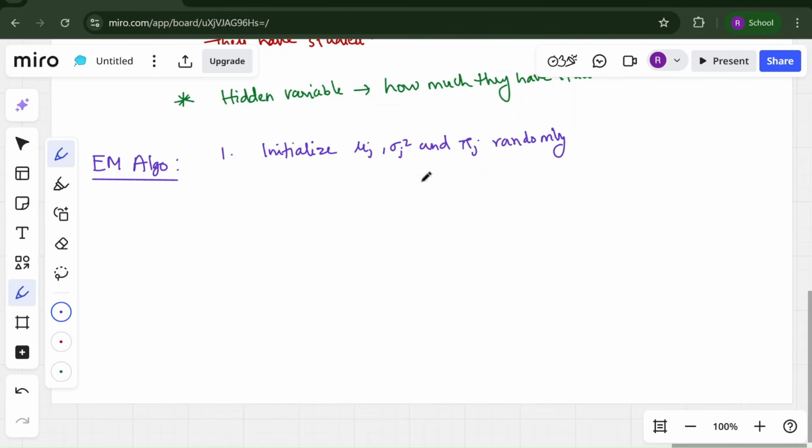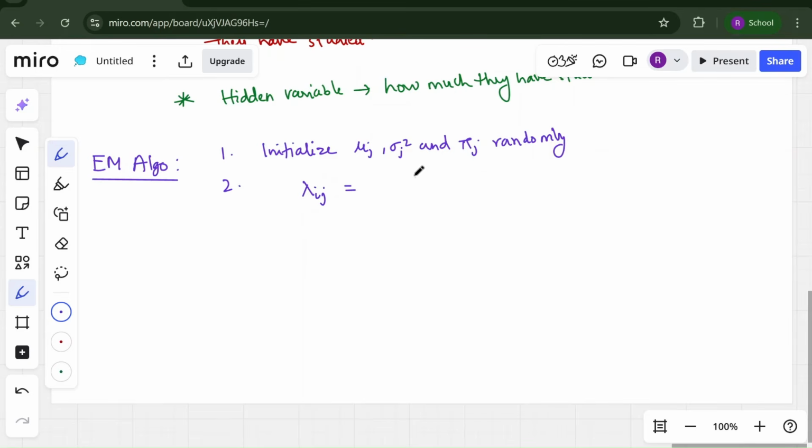What do you do next? Next, you compute these quantities called, let's say, gamma ij. I think in the course lectures they are using lambda, so lambda ij.